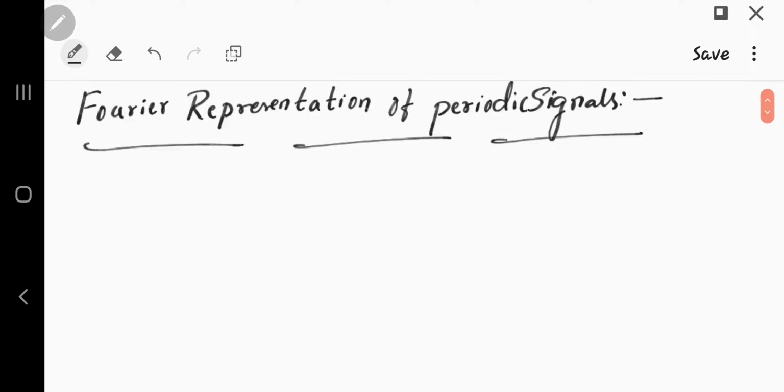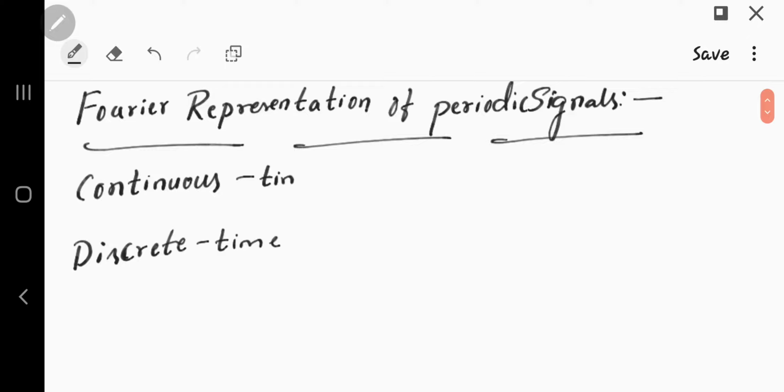This theory for representing signals was proposed by Joseph Fourier. Now we have certain methods to deal with this. The basic thing is we have continuous time signals and discrete time signals.